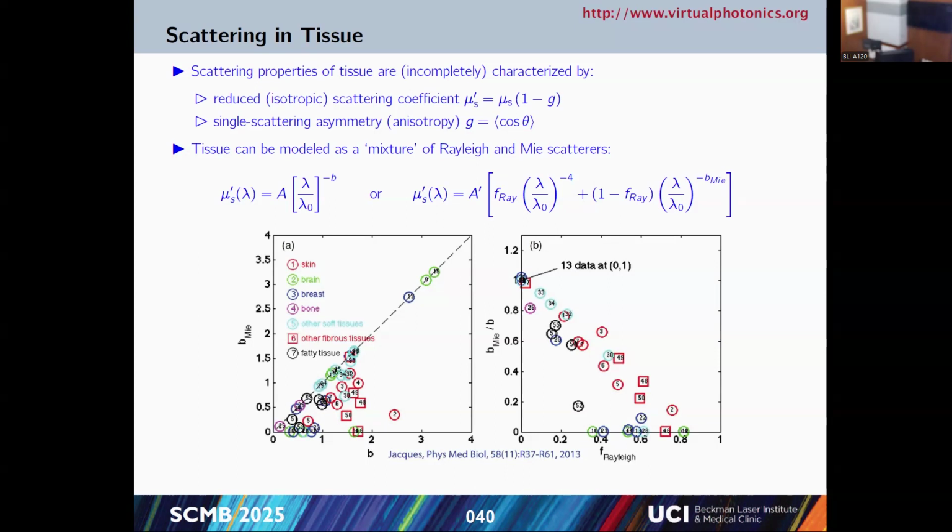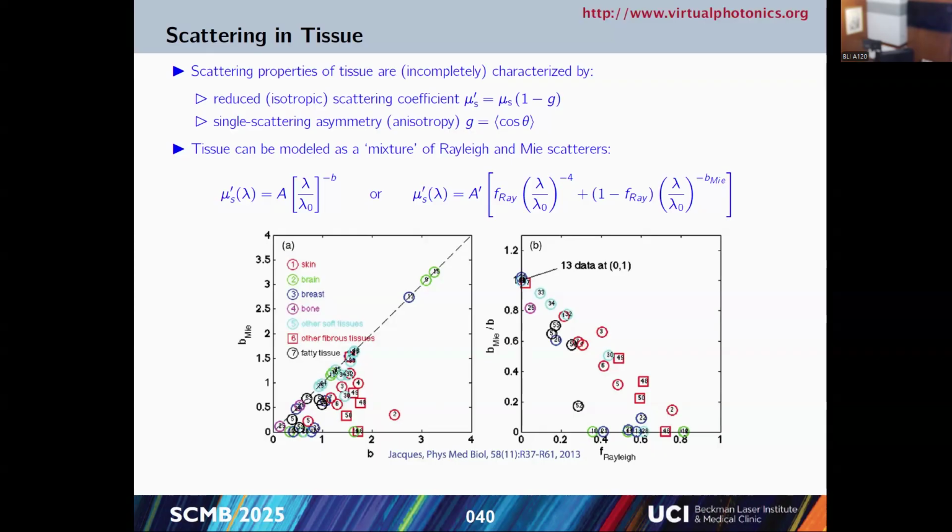And so this is a more sophisticated parameterization for reduced scattering. And then you can look at the interplay of whether you really need this more sophisticated formulation versus this basic formulation. So in cases where the b value you get from the simple formulation is identical to the b value here, it means that the Rayleigh scatterers are not important.